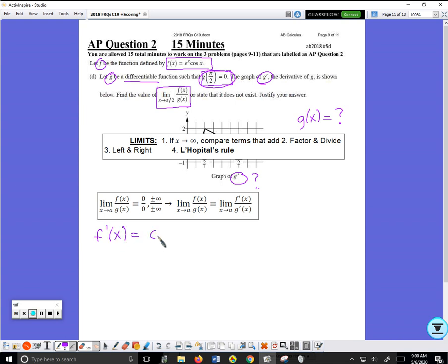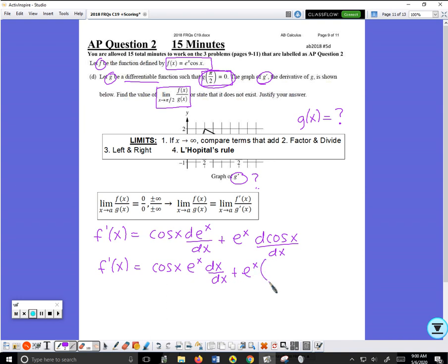Take the second, which is cosine of x, multiplied by the derivative of the first, e to the x, plus e to the x, multiplied by the derivative of the cosine of x. So f prime is going to equal cosine of x times the derivative of e to the x, which is just e to the x, plus e to the x times the derivative of the cosine, which is negative, so I have to have the parentheses, otherwise it looks like I'm subtracting.